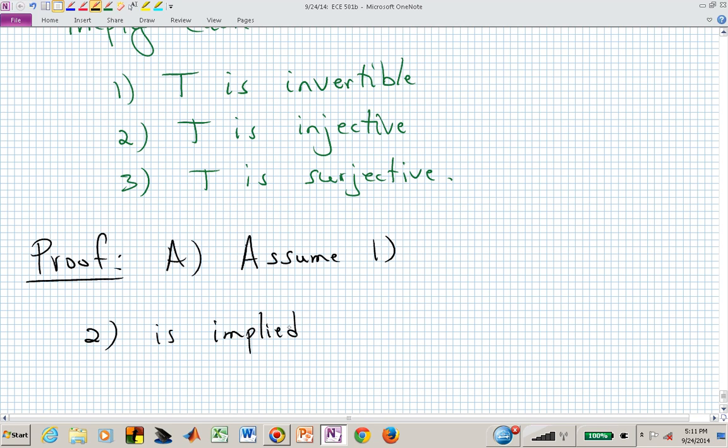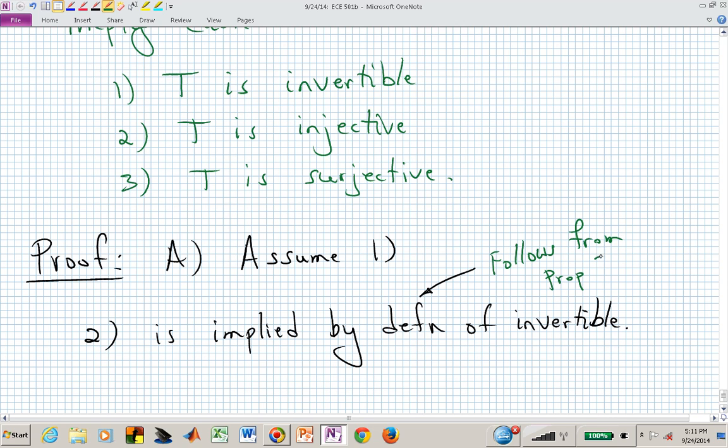So 2 is implied by the definition of this map being invertible, which was proposition 3.17.